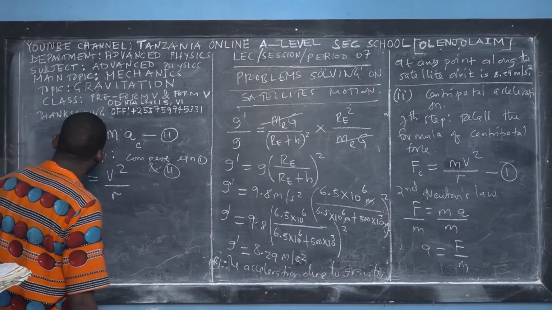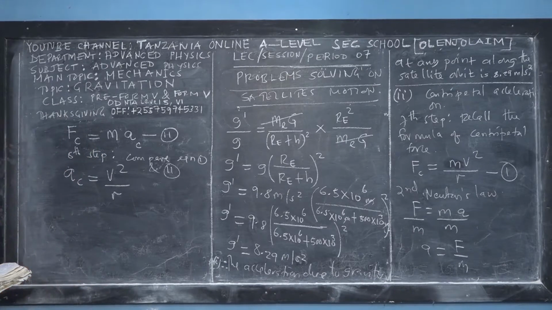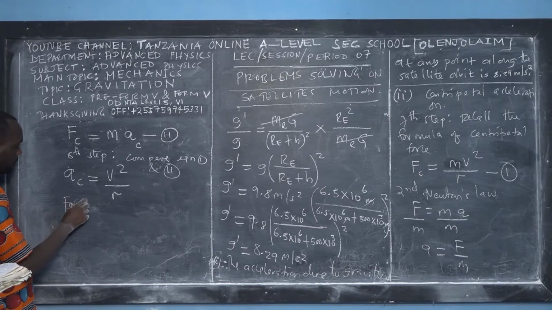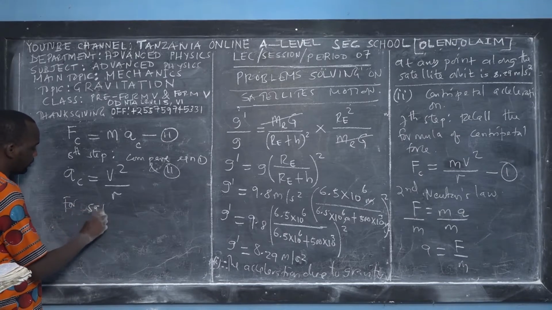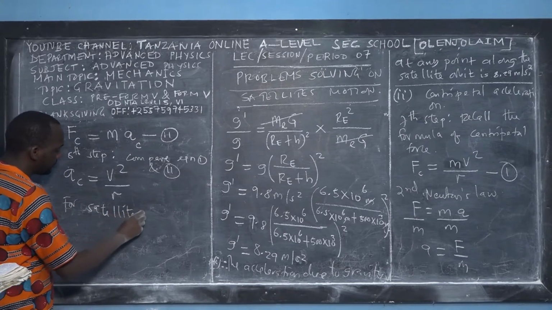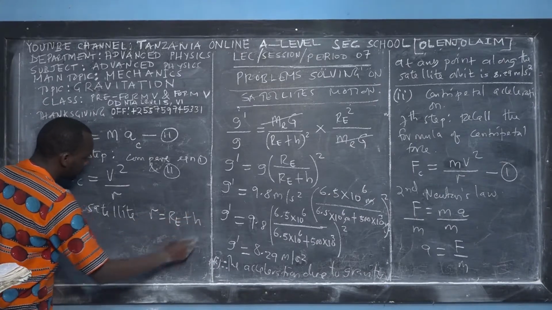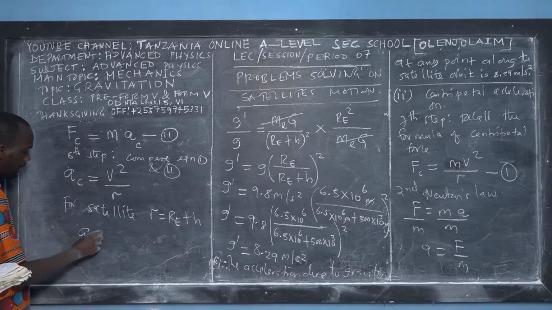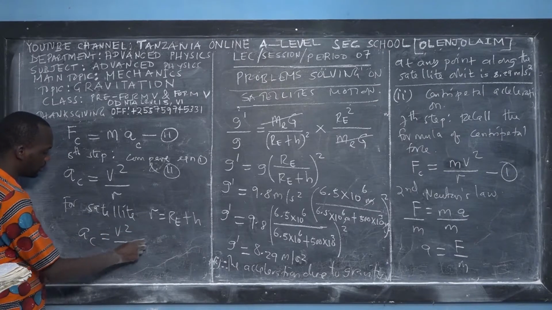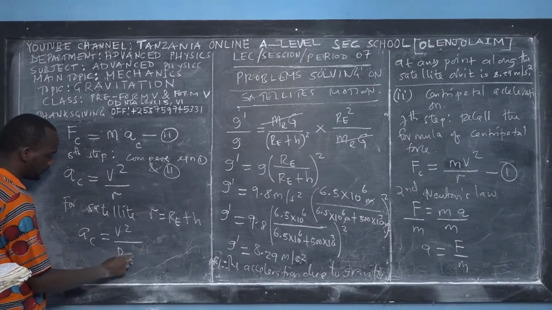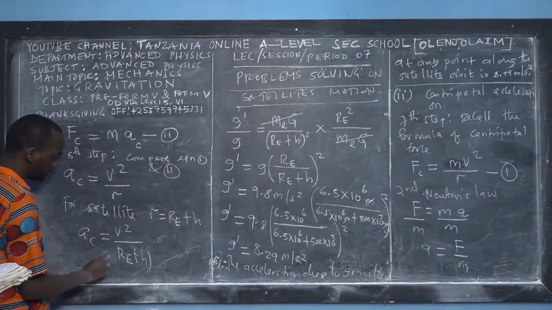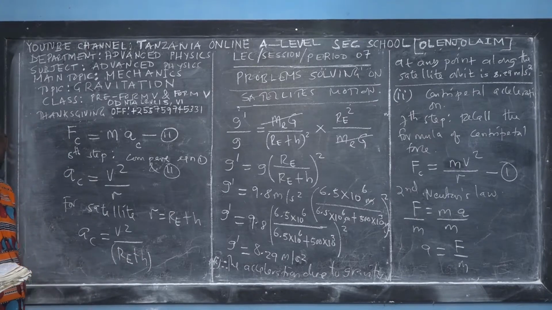So if this is square of the velocity over a radius, then for the satellites we've been talking about, we say its r is equal to radius of the surface plus the height h. So we say that the centripetal acceleration is equal to velocity square over radius of the surface plus the height h. So this is what you've been looking for.